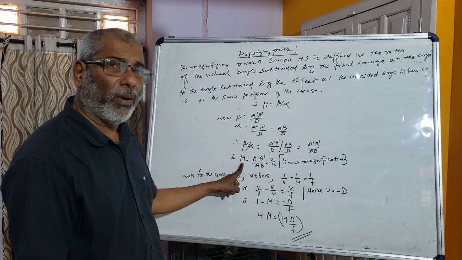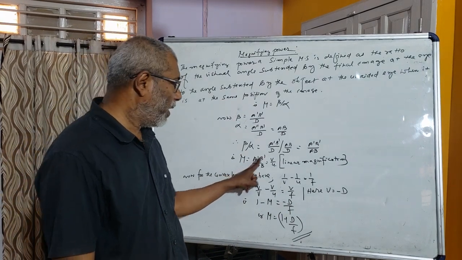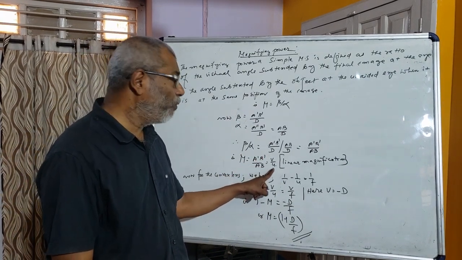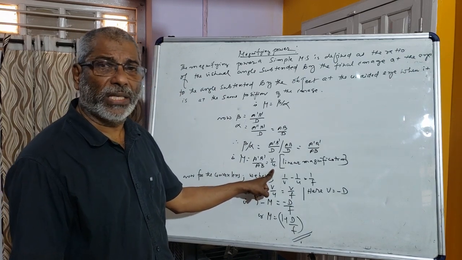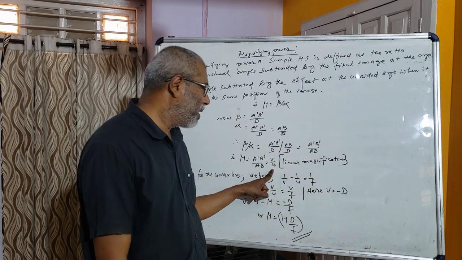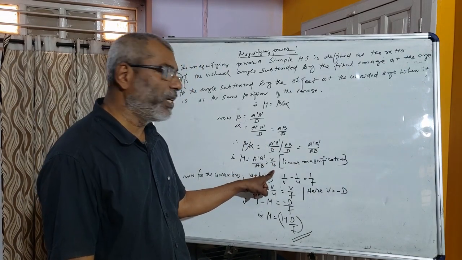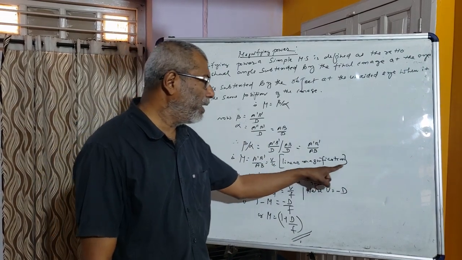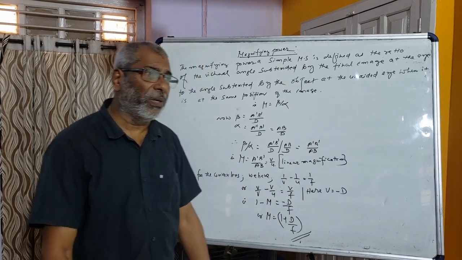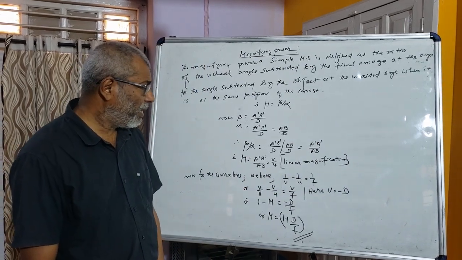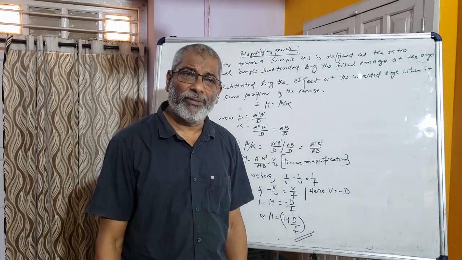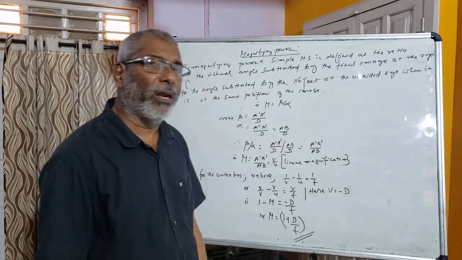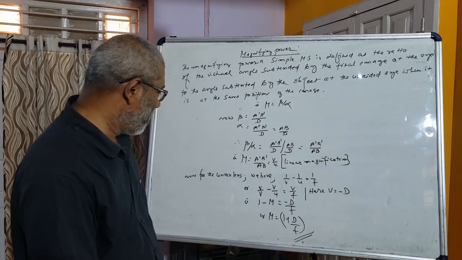That is why angular magnification is equal to A dash B dash by AB, that is equal to V by U. So linear magnification is equal to size of the image by size of the object, that is equal to image distance by object distance. That is actually linear magnification. The thing has been clear to you, because in this case it's a single lens, but we are calculating angular magnification. But for a single lens, angular magnification is same as linear magnification.